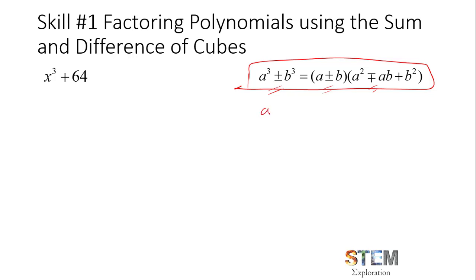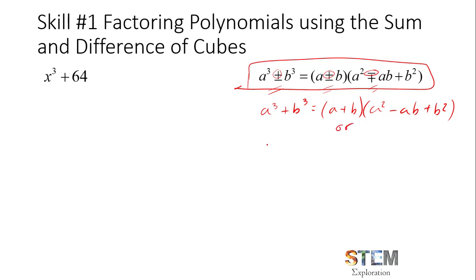One of them is a cubed plus b cubed is equal to a plus b times a squared minus ab plus b squared. So this is the first one, where the plus sign on top and the minus sign on top are applied to the first one.